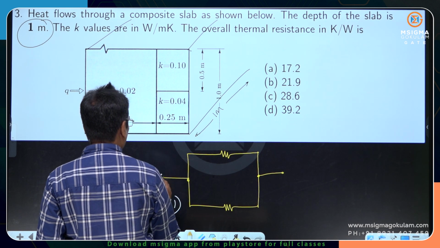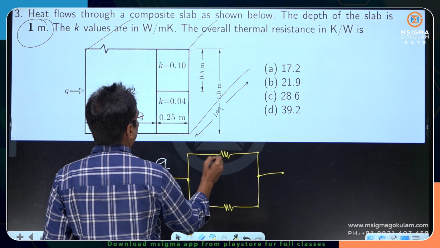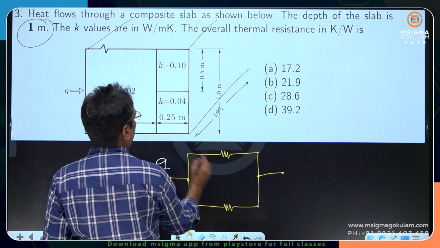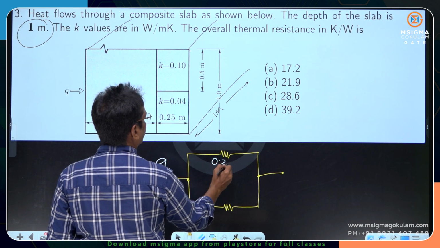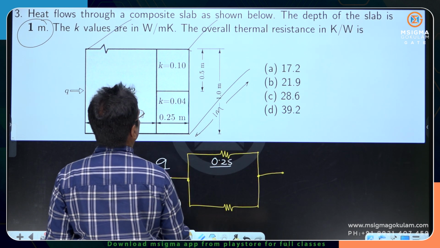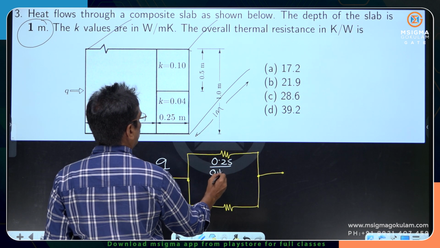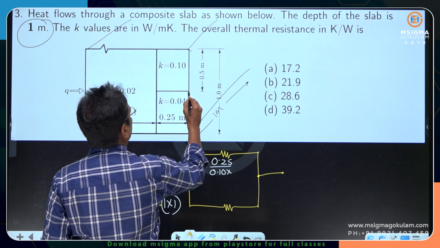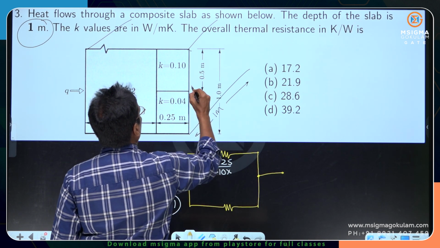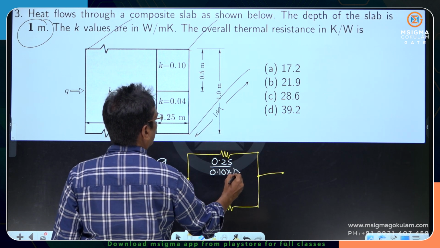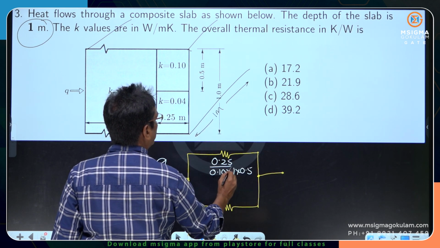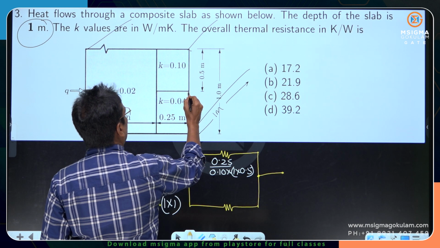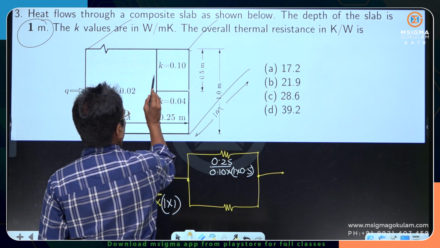This is current Q. For this, B is 0.25. For this resistance, K is 0.10. What is the area? Area will become, this depth is 1 into 0.5. Area of the conduction is the area perpendicular to the direction of heat flow.